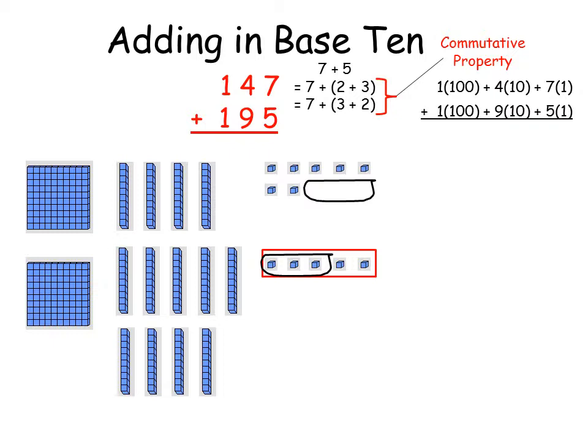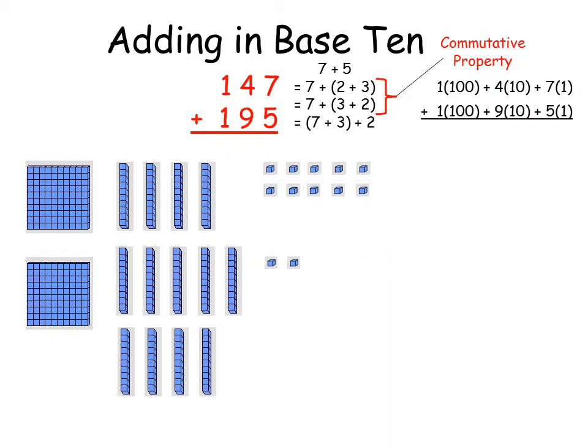So it's important that we show each of those steps. Now, instead of adding 3 with 2 for 5, I can remove that 3 and add it with the 7 to make a complete 10. I use the associative property to regroup that 3 with the 7 to make the 10.